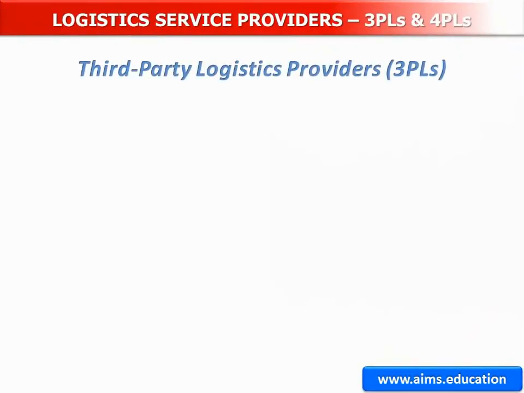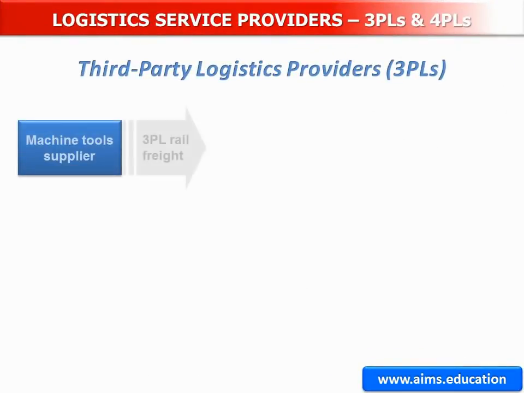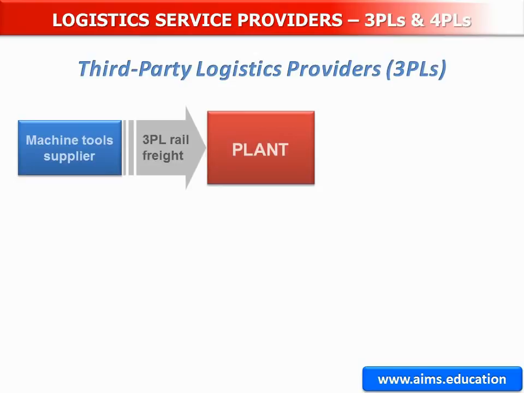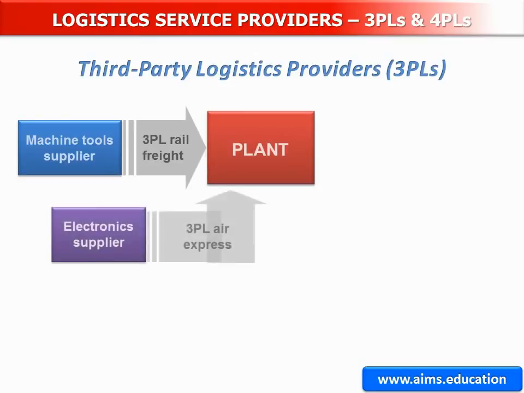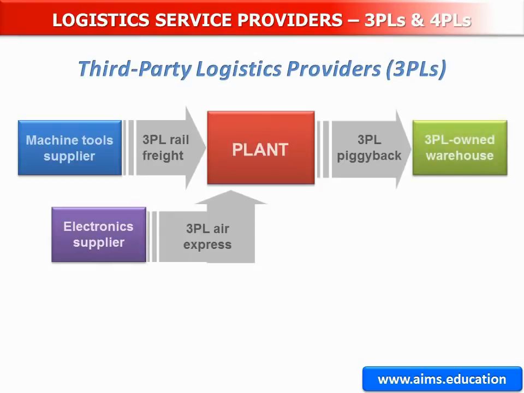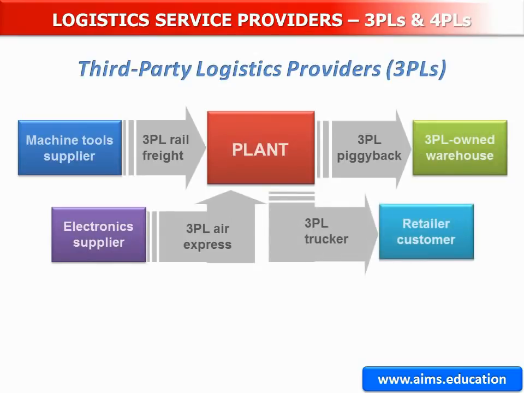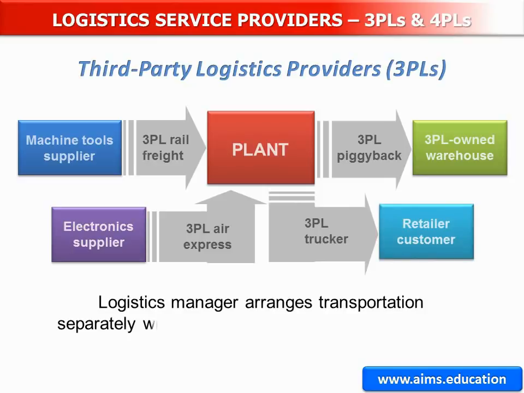A third-party logistics provider may be a specialized provider that focuses, for instance, on airmail, over-the-road transport, or warehousing. It may also be a multi-purpose logistics provider capable of taking over the entire logistics function. The logistics manager arranges transportation separately with several third-party logistics providers.